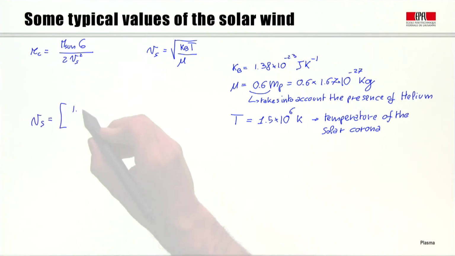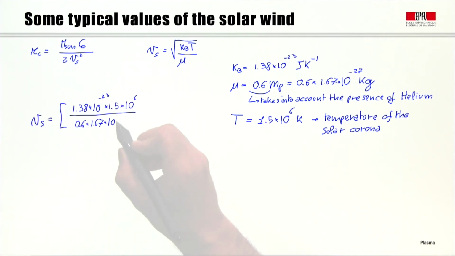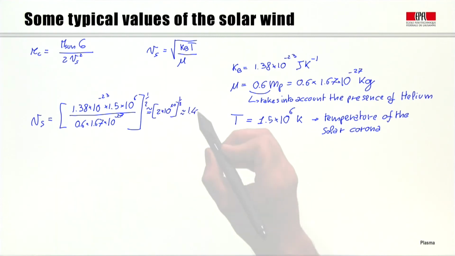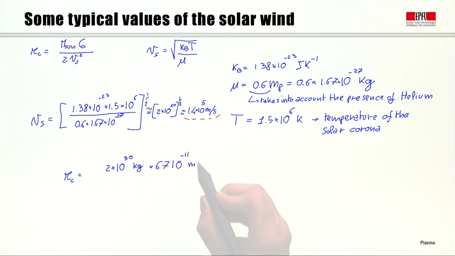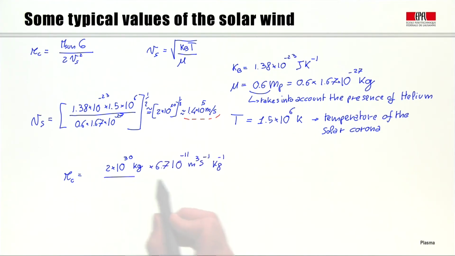Now we can plug these numbers into the formula and estimate the value of the sound speed. This results in a sound speed of approximately 1.4 10 to the 5th meters per second. We can now compute the value of the critical radius RC by plugging these numbers into this formula, where we have to remember that the total mass of the Sun is approximately 2 10 to the 30th kilograms, times the value of the gravitational constant, which is approximately 6.7 10 to the minus 11 cubic meters second to the minus 2 kilogram to the minus 1.